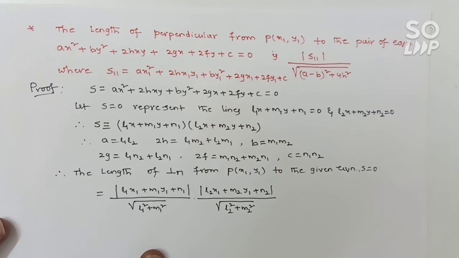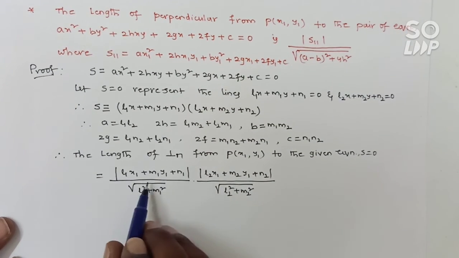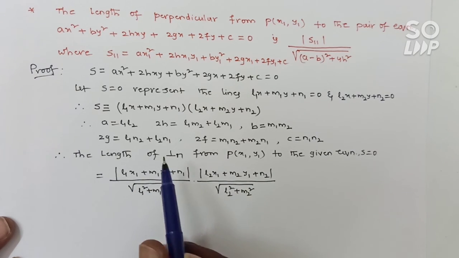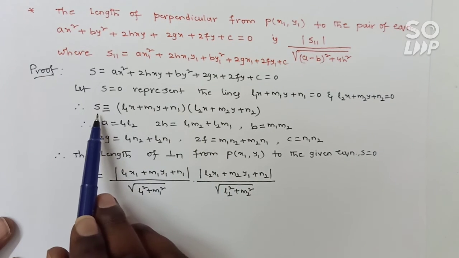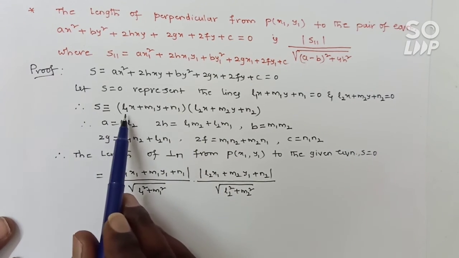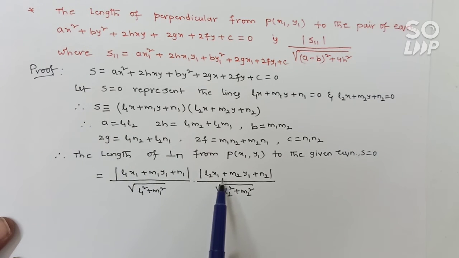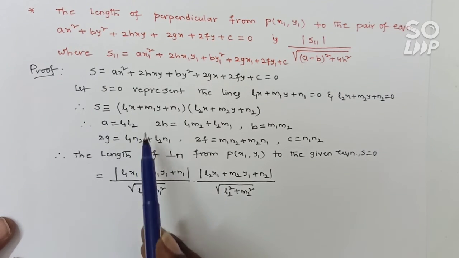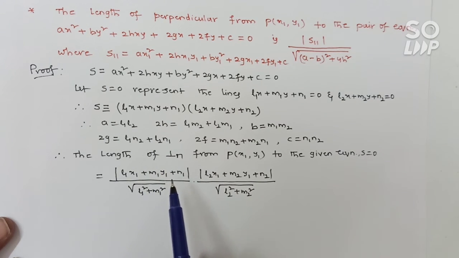Now here you multiply these two. First of all you multiply these two factors. So the product of the numerators will be equal to S, and the difference is that in the place of x we have x1, and in the place of y we have y1.